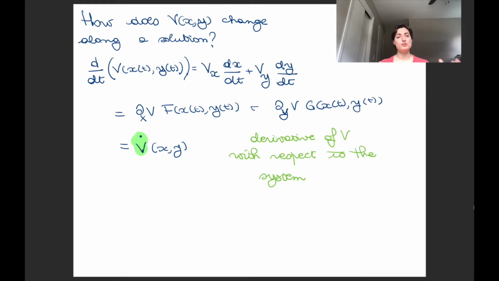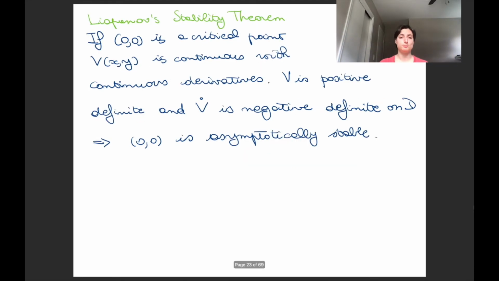If you do the calculations, this thing that we're going to be calling v dot of x, y, assuming that x is a function of t and y is a function of t, is the partial derivative of v with respect to x times f of x(t), y(t), plus the partial derivative of v with respect to y times g of x(t), y(t). And if we have some information about how v changes along a solution and some information about how v is shaped, maybe we can combine this to know how the solutions are shaped.